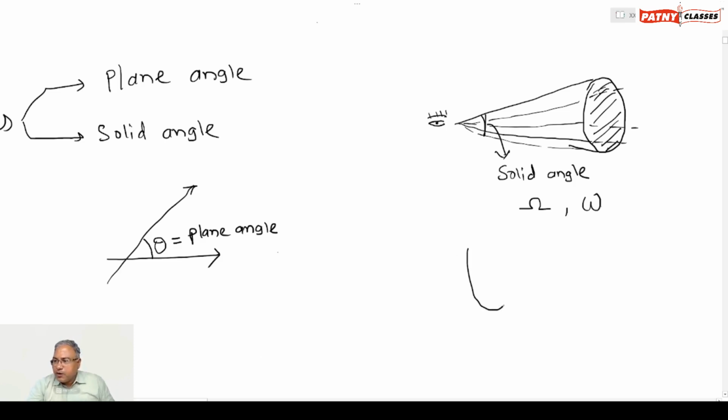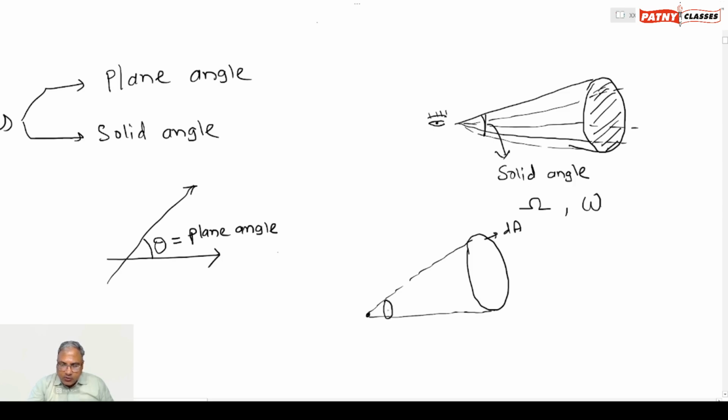Suppose we have a surface. The area of the surface is dA. dA is the surface area. And here is a point O. From point O, the solid is being observed. And it is assumed that each and every part of the solid is being seen. And here is an angle.